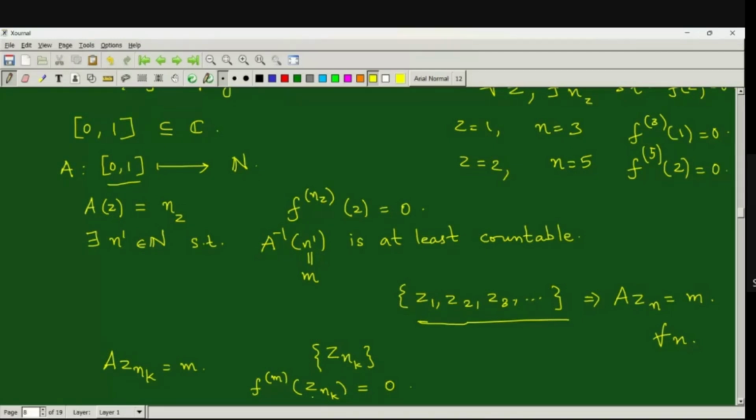So you have a limiting sequence and an analytic function with 0 on that countable set. Which theorem do you remember? An analytic function with a limiting sequence. Some theorem do you know about this thing?